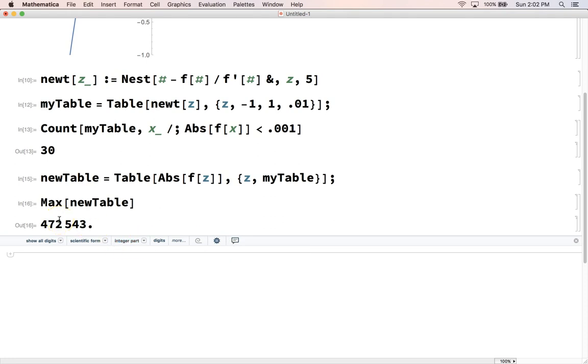So it's definitely not the case that applying Newton's method 5 times always gets us close to a 0. This is saying that there is some value between -1 and 1, where when I apply Newton's method 5 times, I get either 472,000 or maybe negative 472,000.